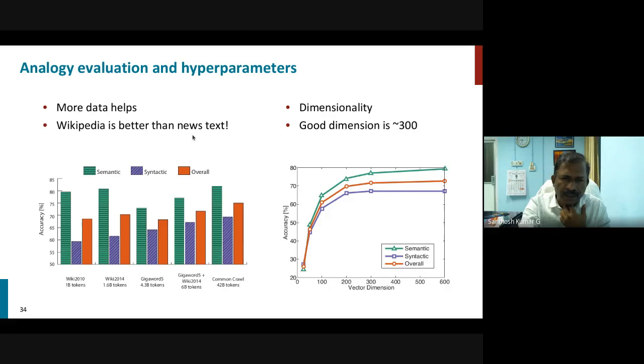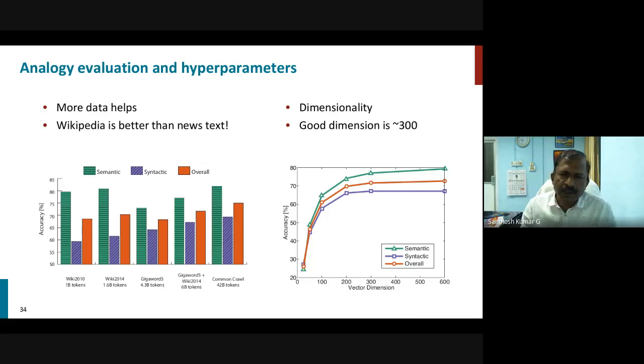And Wikipedia is better than news text. So this is the thing I was just mentioning. So why this statement? Wikipedia is better than news text when you construct word vectors. So Wikipedia will have maybe related words. Basically you have an article, right, and you keep on writing a similar story in the Wikipedia document.